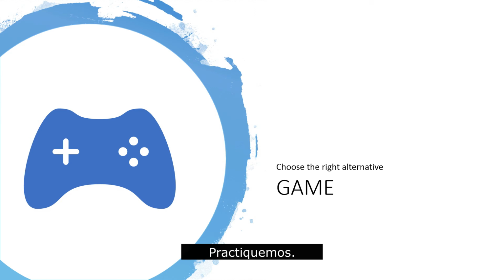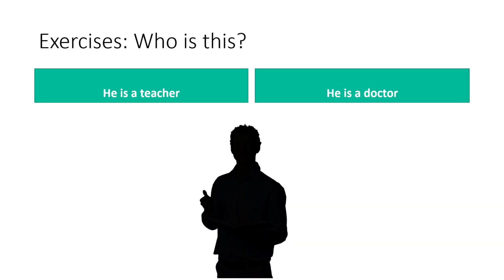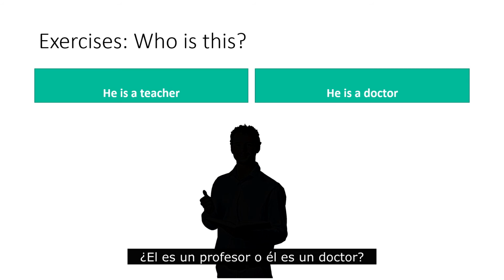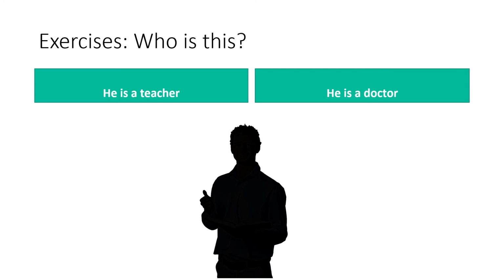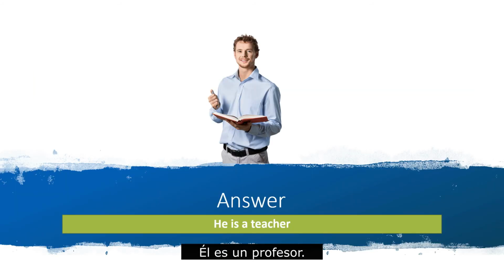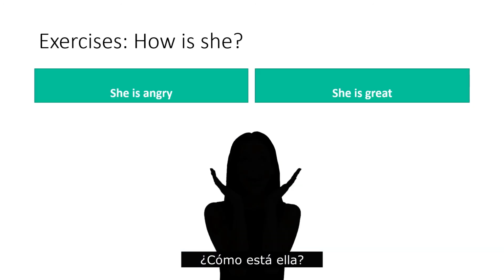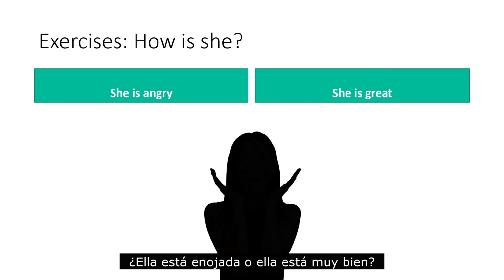So now let's do some practice. Write down your answers. Who's this? He's a teacher or he's a doctor? He's a teacher. Now, how is she? She's angry or she's great?